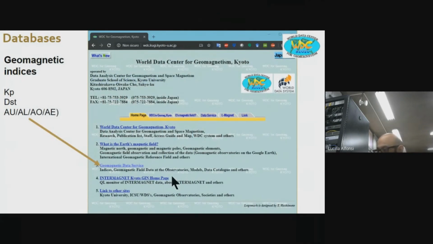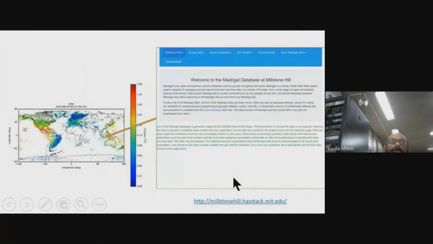Let's move on. So now we have the instruments to get the data about the interplanetary magnetic field, solar wind, and geomagnetic indices. So let's move into the ionosphere. This Madrigal database is a worldwide recognized database for ionospheric data in particular.